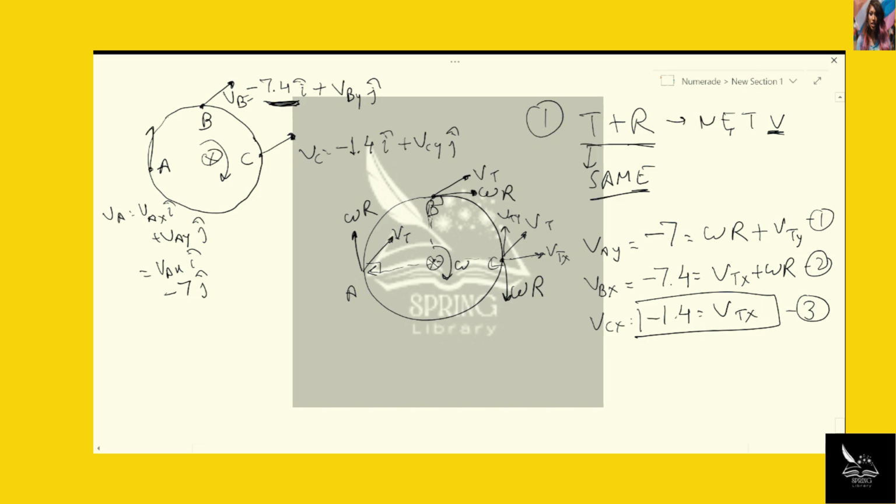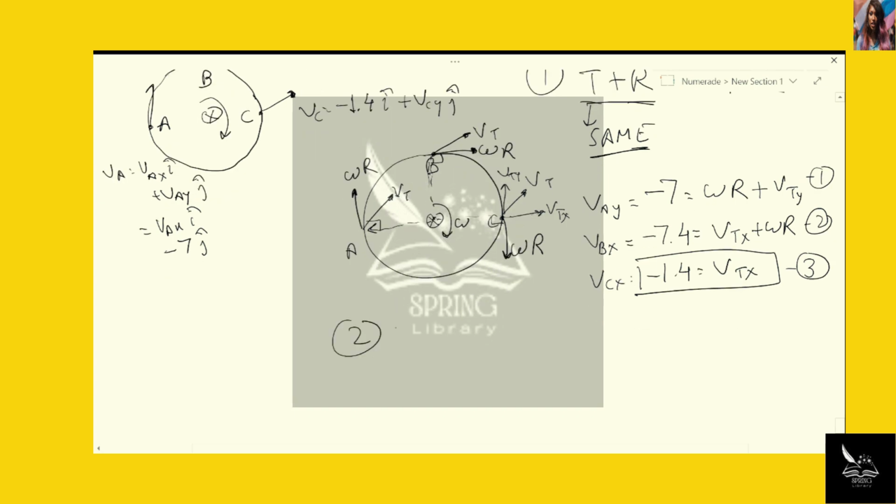So once we know that, we can replace this in equation 2. This will imply that omega r is minus 7.4 plus 1.4, which is minus 6 meters per second, since everything is in meters per second.